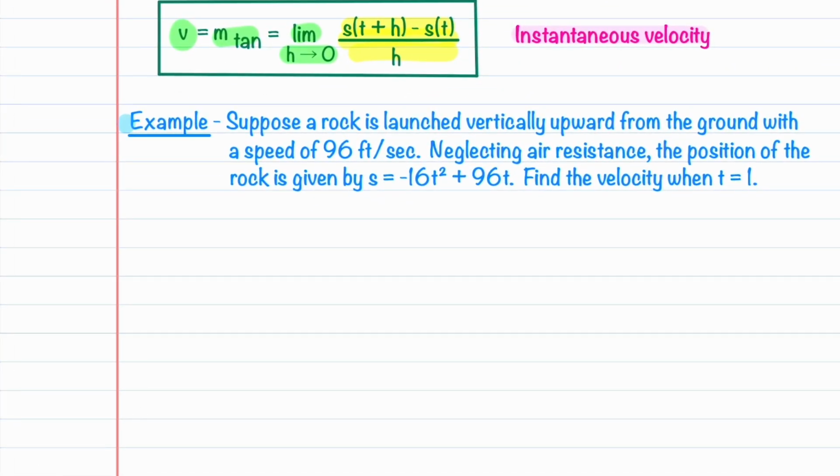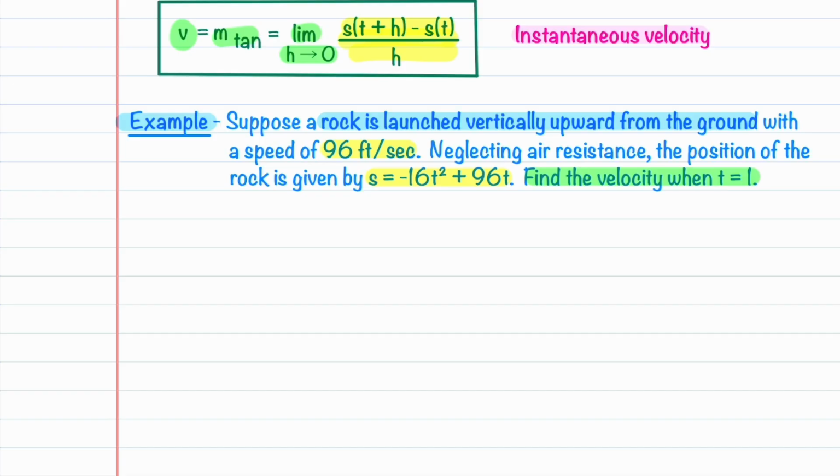We're now going to look at an example where we need to use this formula. Suppose a rock is launched vertically upward from the ground with a speed of 96 feet per second. Neglecting air resistance, the position of the rock is given by s is equal to minus 16t squared plus 96t, and we're asked to find the velocity when t is equal to 1.